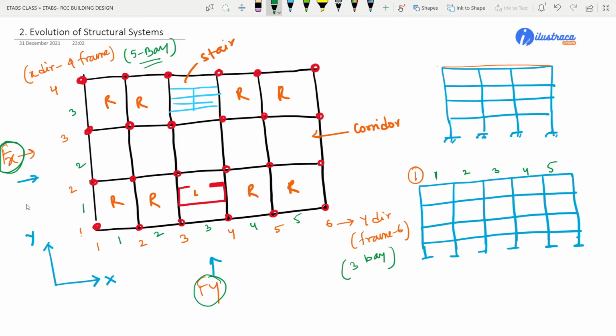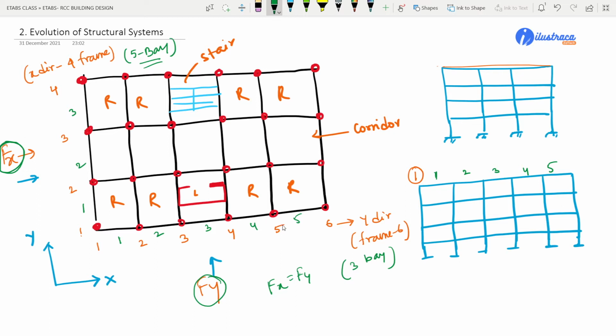Compared to that, if Fx and Fy are equal, the frames along the y direction, having only 3 bays, will be weaker. So in this building, the y direction is weaker in resisting the lateral force, and the x direction is stronger in resisting the same amount of lateral force.